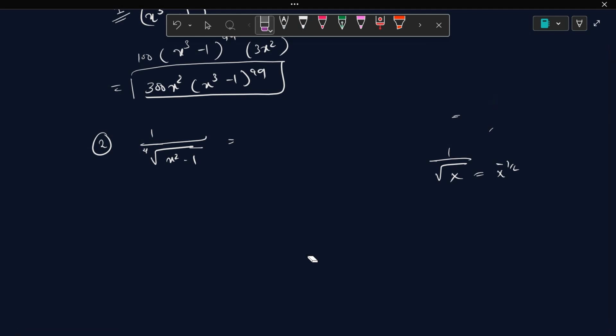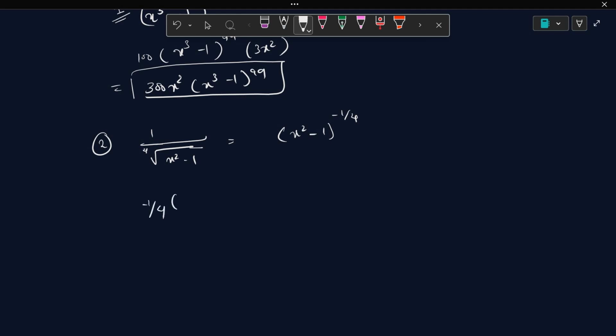So the expression you see right here is equivalent to writing x squared minus 1 to the power of negative 1 over 4. That means we have a 4th root, and it's at the bottom. Now it's really simple to take the derivative of this one.